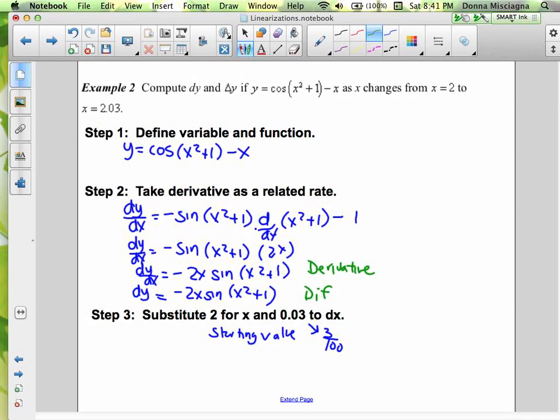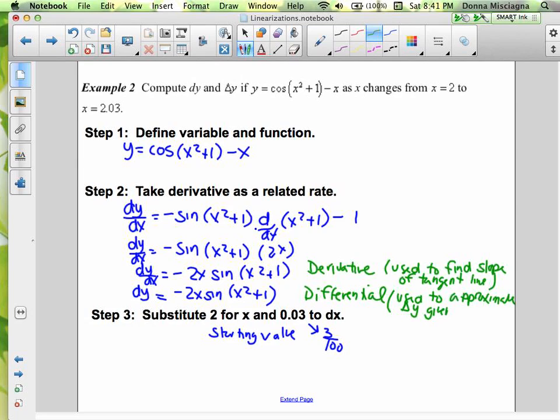This is the differential, used to approximate the change in y given the change in x. Important to know the difference.